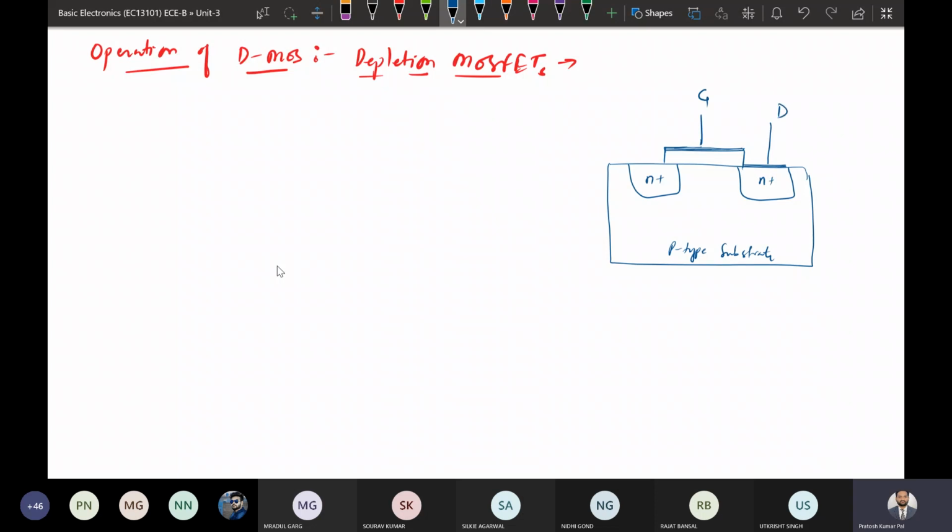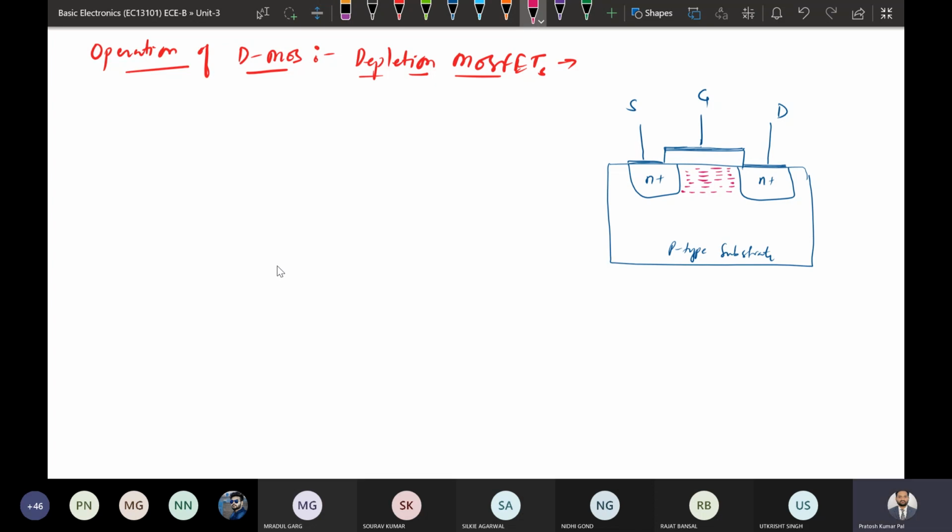That will be the drain, and this will be the source, and in this region there will be a predefined channel between source and drain.